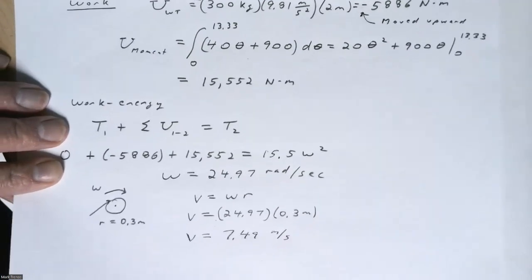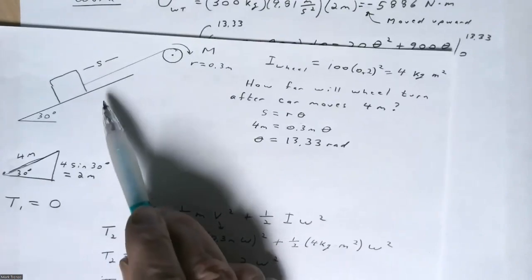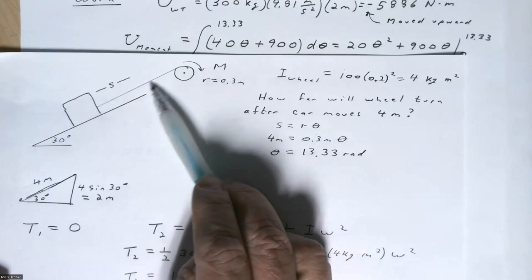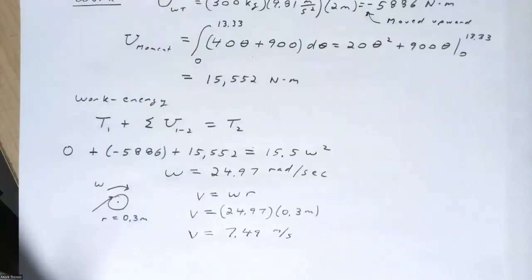And again, that's going to be the same as the velocity of the car because the wheel is pulling the car up. So whatever this velocity is of this outer part of the wheel, that's going to be the same as the velocity of the car. And so that's the answer.